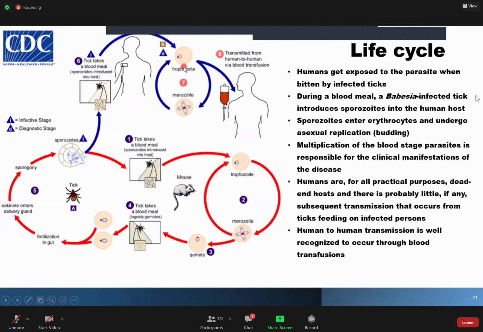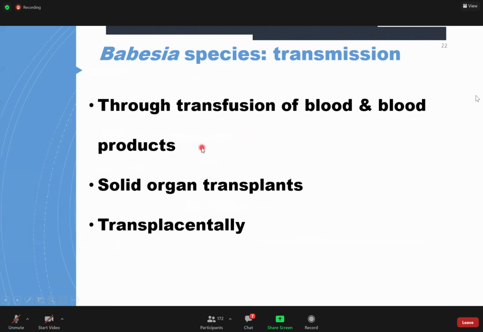However, if you look at the trophozoite stage, you may actually misidentify this as Plasmodium infection. And that is why in areas where malaria is predominant, it's difficult to make a diagnosis of Babesia species unless you have a very high index of suspicion.